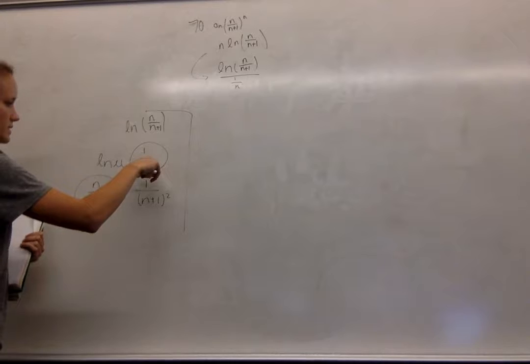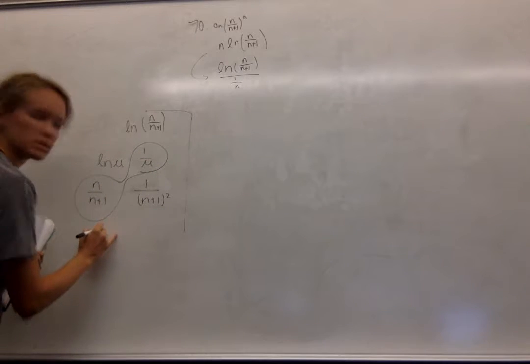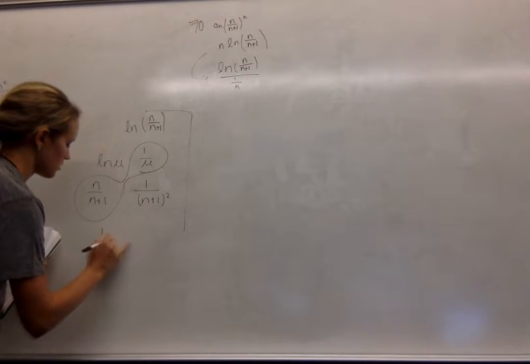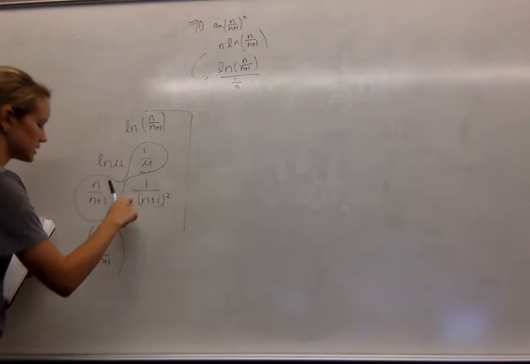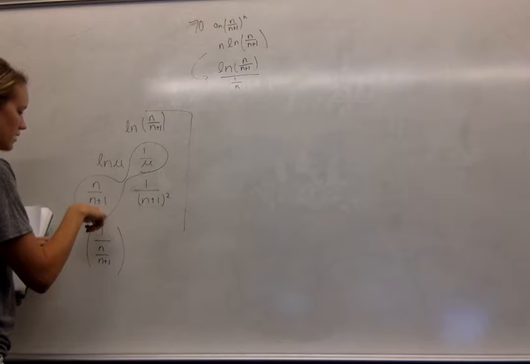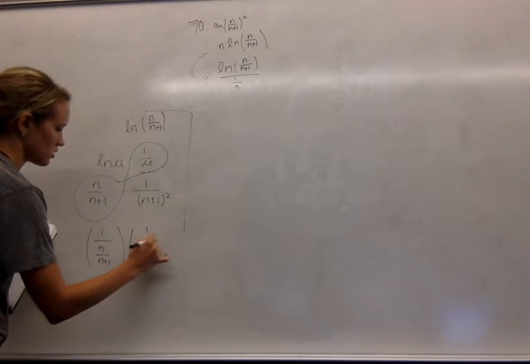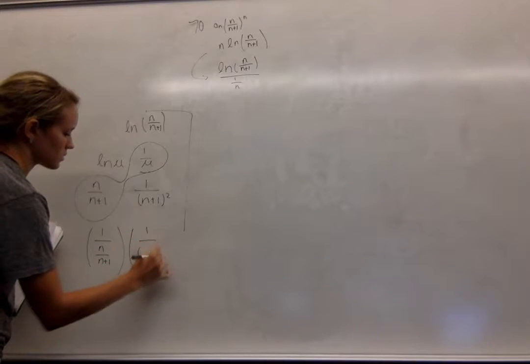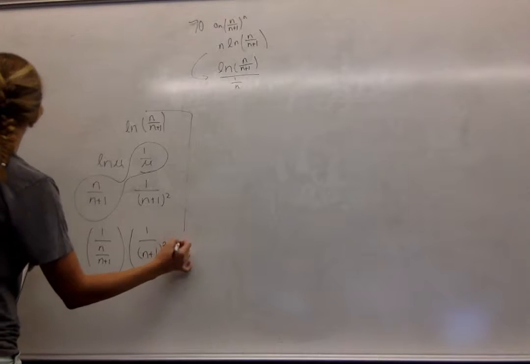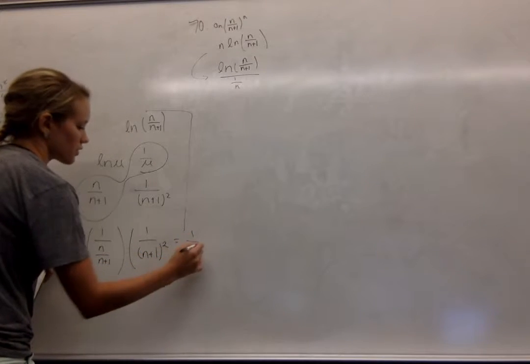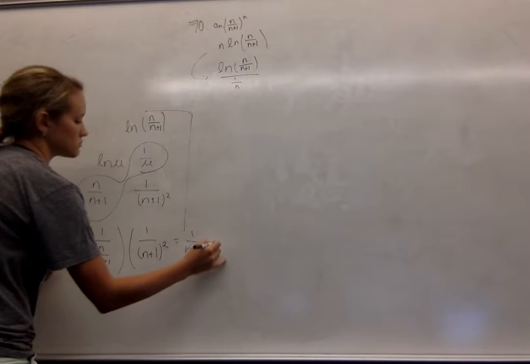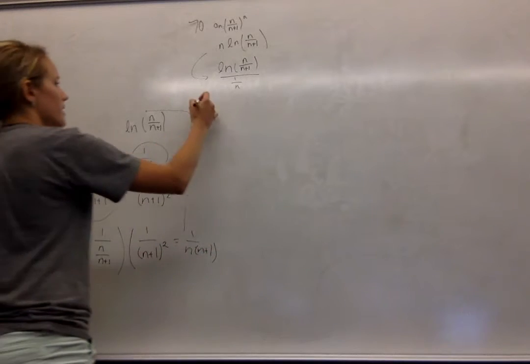This part is going to be substituted for u, so it's equal to (n plus 1) over n times the derivative of n over n plus 1, which is 1 over (n plus 1) squared, and this is equal to 1 over n(n plus 1).